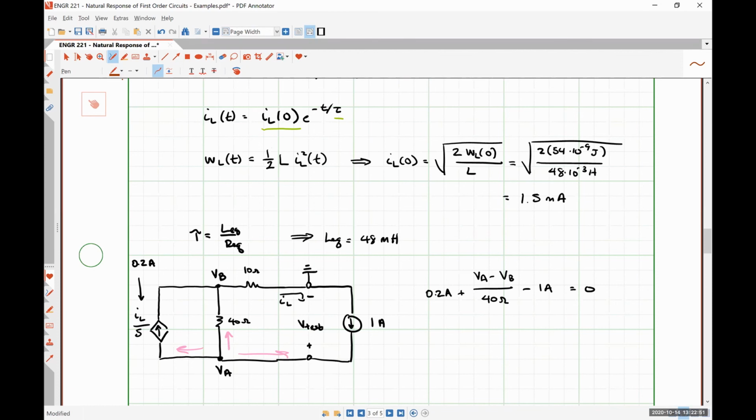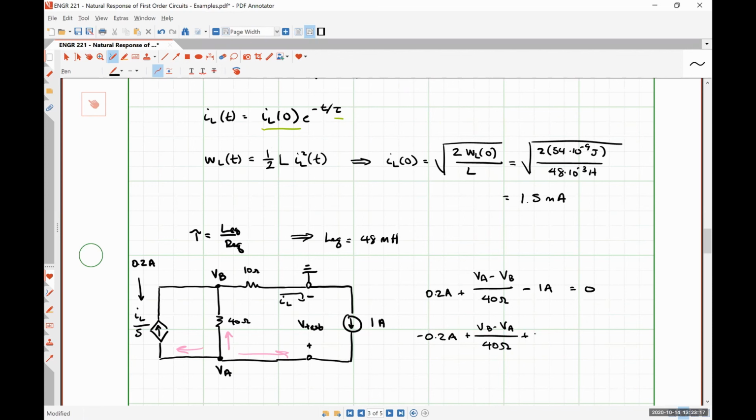For node B, I'm going to have 0.2 amps entering, so that's negative, that's not blank. Then I'm going to have VB minus VA divided by 40 ohms.